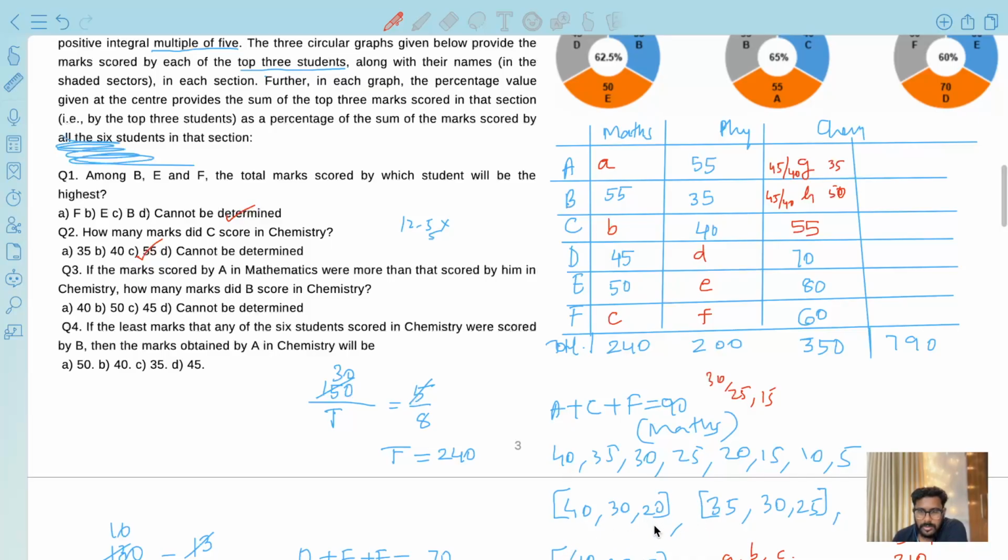Not an option. 45 is also not an option. Then 40 is an option. Yes, that means A can be 40. Then B and C can be 30 or 20, 35 or 50.